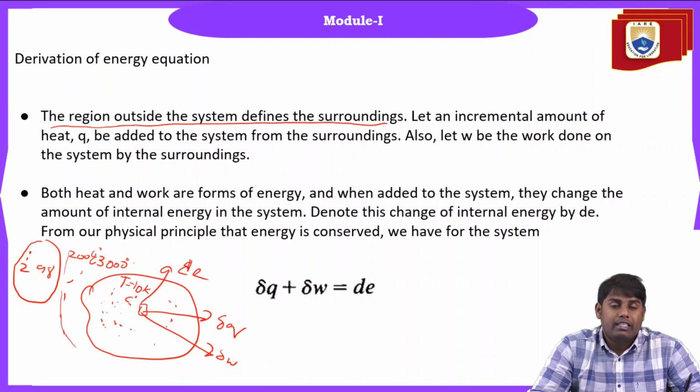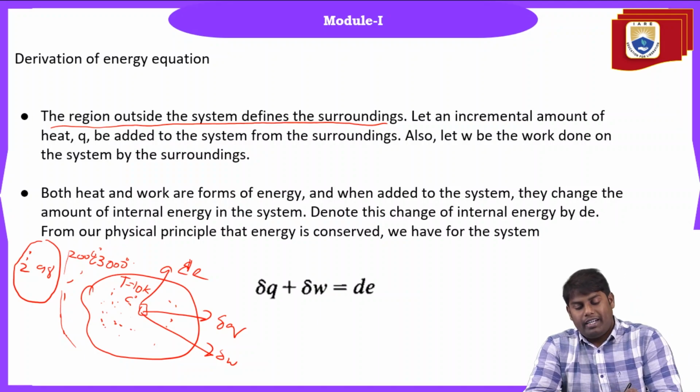The zone that is affected is called the surroundings. So the surroundings can be specified only when there is an effect from the system on nearby places. If not, we do not call it surroundings.